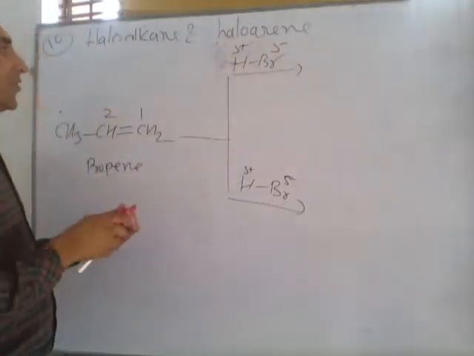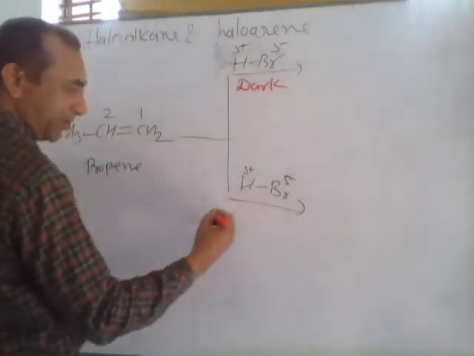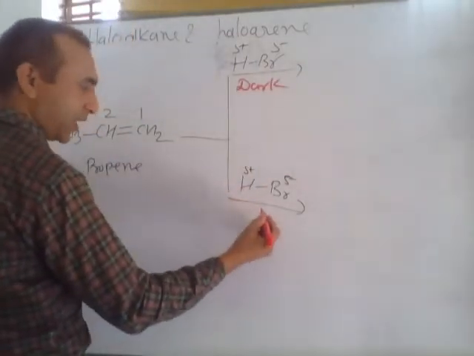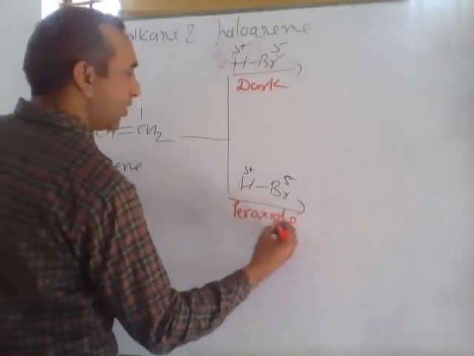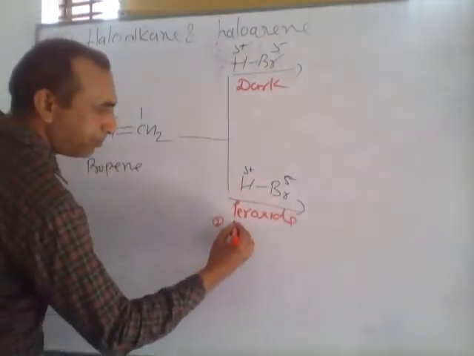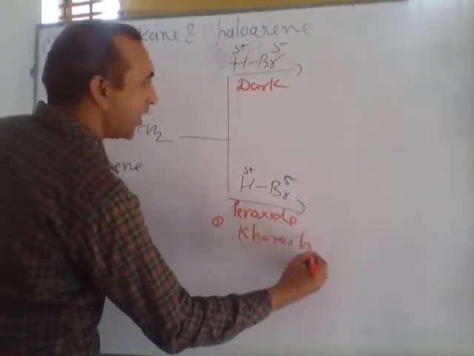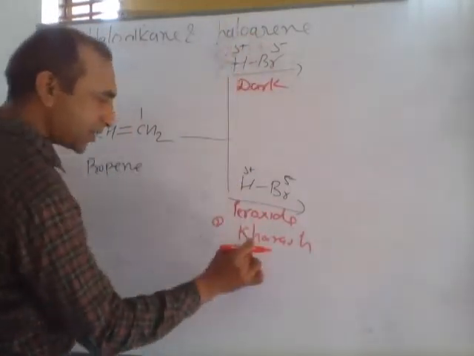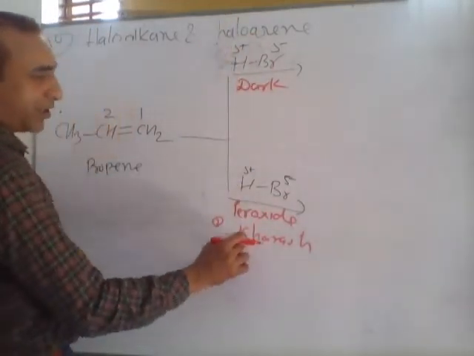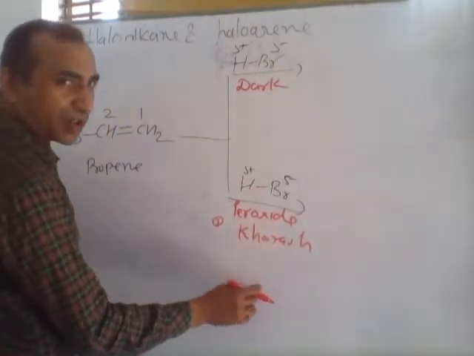If reaction is happening in dark, or reaction is happening in presence of sunlight, otherwise presence of peroxide, the second reaction is called peroxide effect, otherwise Kharasch effect, otherwise in dark this is Markovnikov. So this is called anti-Markovnikov. There are 3 names: peroxide effect, Kharasch effect, otherwise anti-Markovnikov.